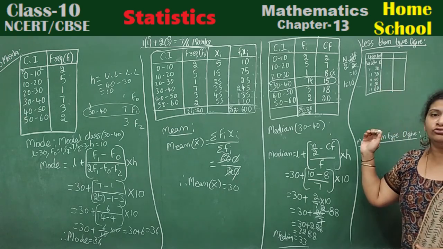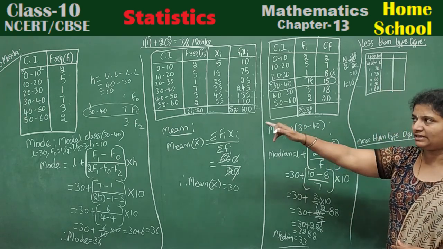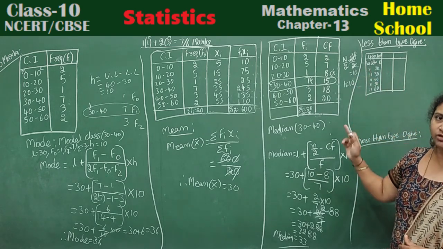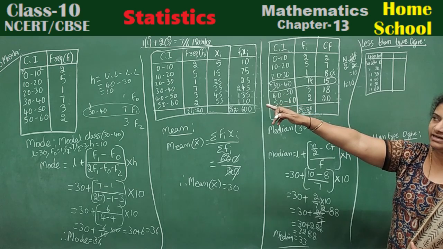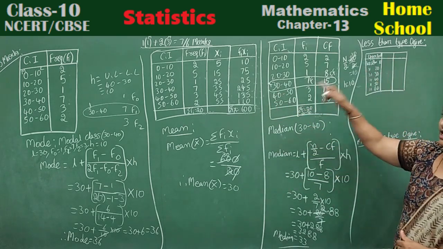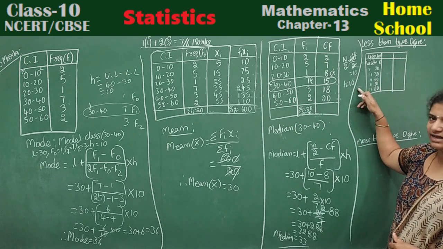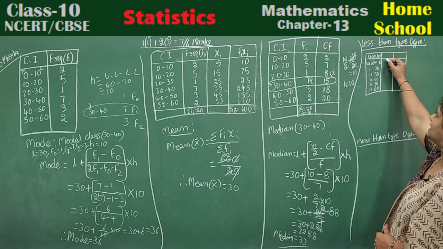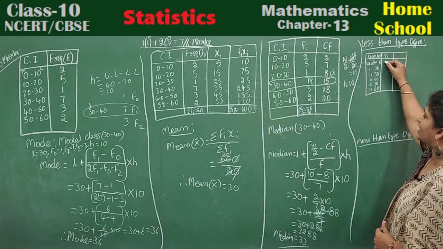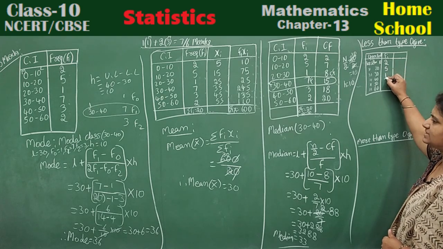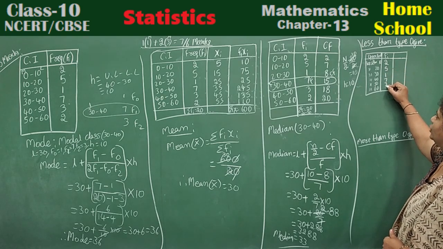Okay, we need to do the table again by seeing the question. Less than type ogive, when you need to draw, consider upper limit. So write here upper limit and say less than 10, less than 20, 30, 40, 50, 60. Coming to frequency, take the frequency Fi as it is, 2, 5, 1, 7, 3, 2.